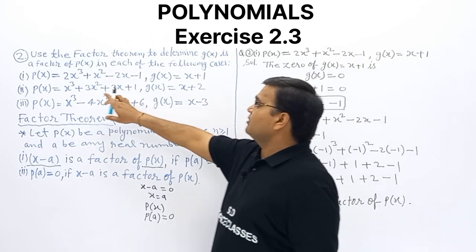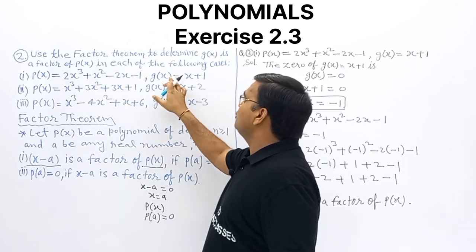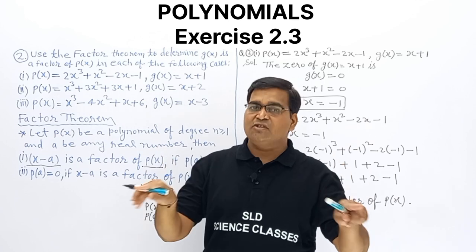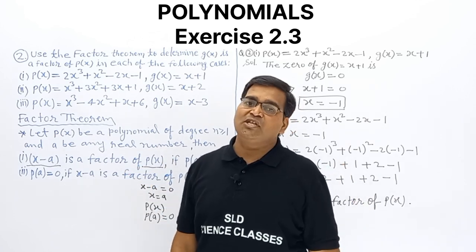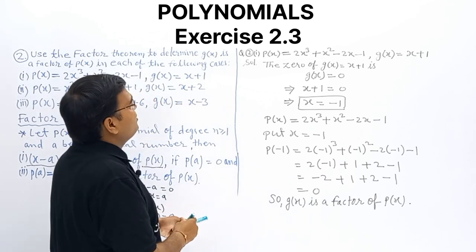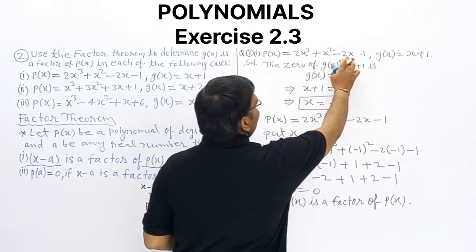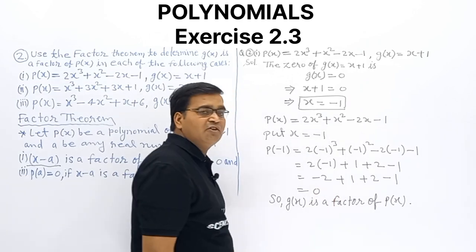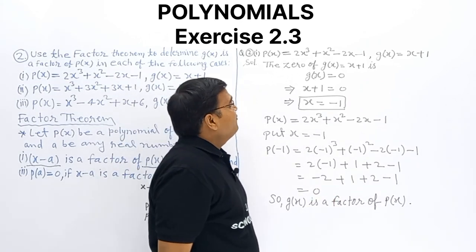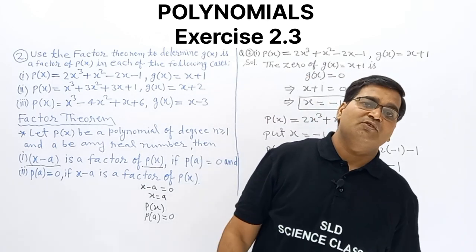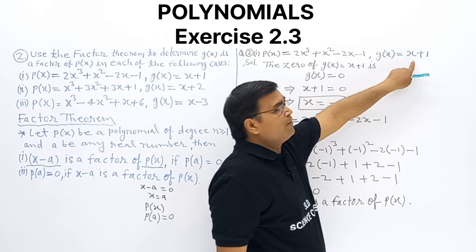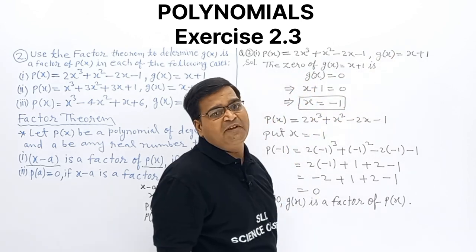Now I am taking the first part of the question. p of x is given and g of x is one factor. We want to check whether it is a correct factor or not. So how will we check? First we write the given polynomial. p of x is this one and g of x is its factor. To check, first we will find the zero of g of x.